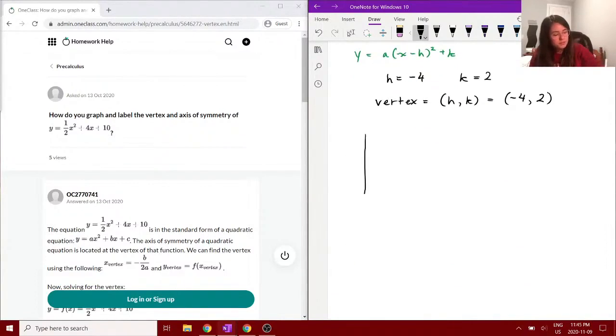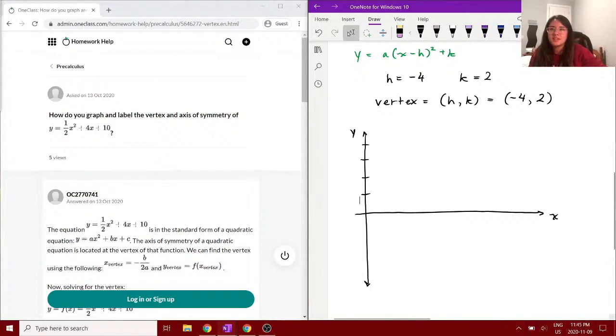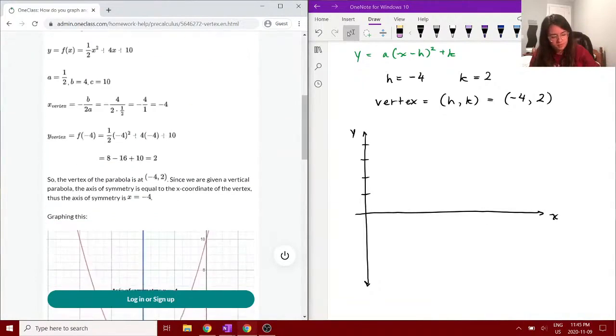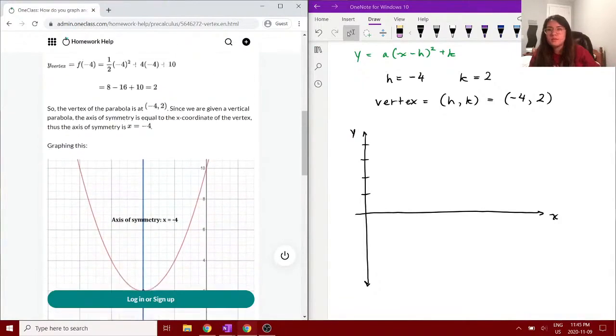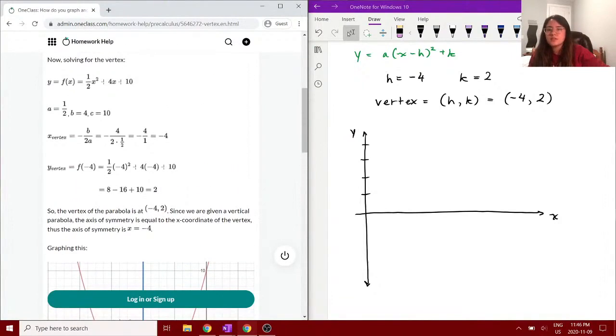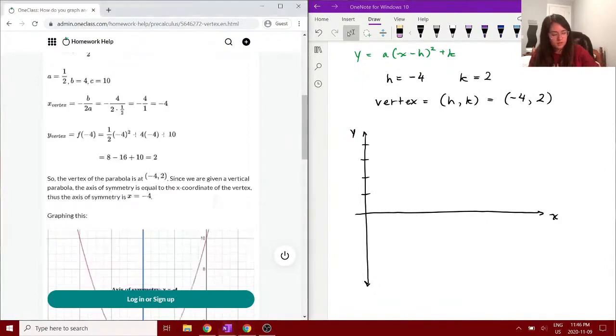So I'm just going to do a rough sketch of the graph. Right, so we have the y-axis and the x-axis. Let me take a look. I think I have a drawing of this somewhere. Okay, let's look at this one.